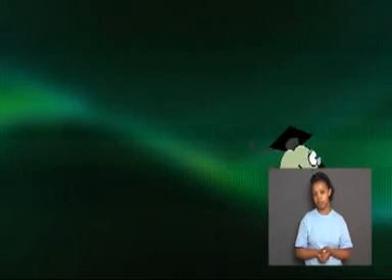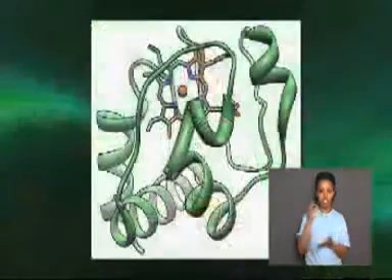Let's get back to our lesson. Welcome back, students. Hemoglobin molecules are found in red blood cells, and they carry oxygen within the organism to where it is needed. Let us move on and learn about the molecule cytochrome.